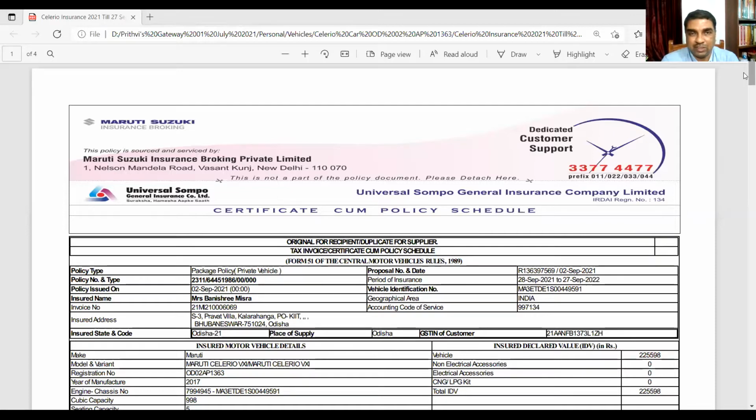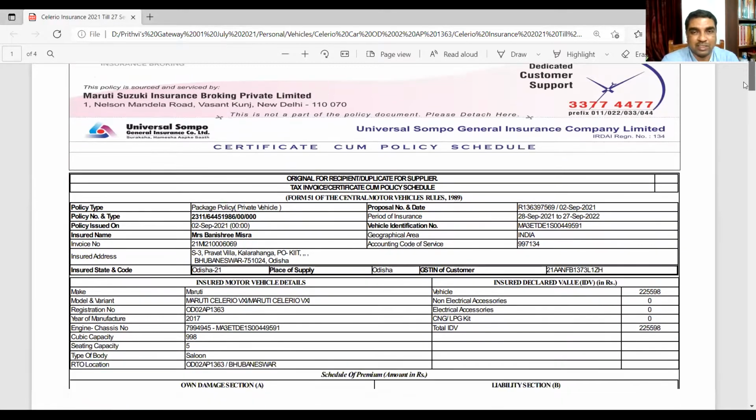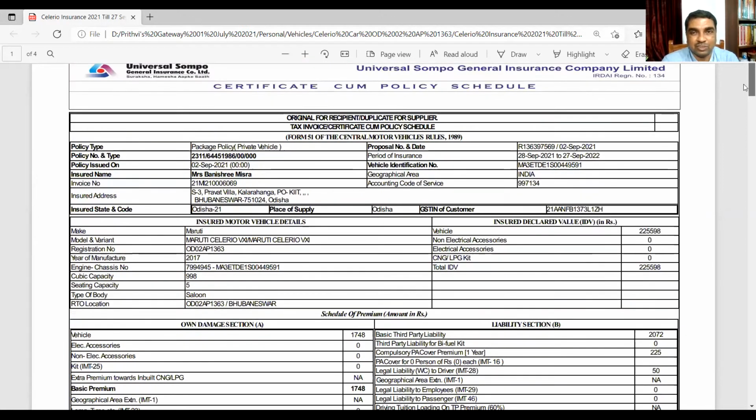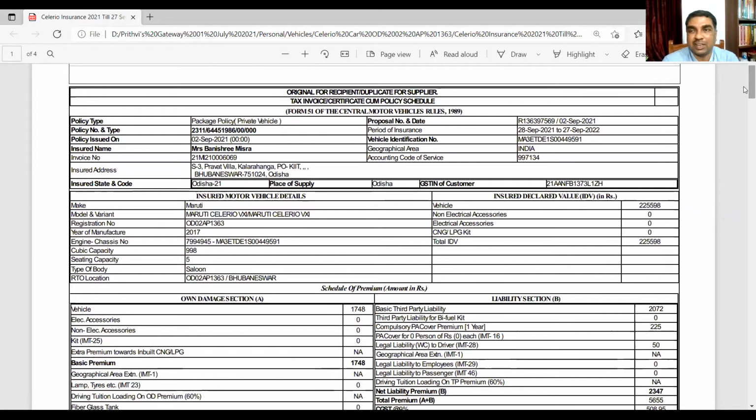Just give me one more second. Yeah, a similar kind of policy I had shown you earlier. Suppose you see, this is a policy paper, or you can say this is a policy certificate. As you can understand, what is important in this kind of insurance policy is that it is valid for a particular period. If you look here, this policy is valid for a particular period, right?